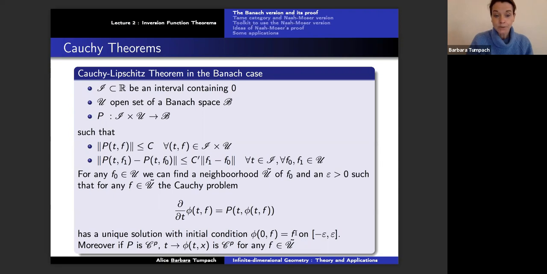So this Cauchy problem has a unique solution. And moreover, the solution has the same regularity as P.